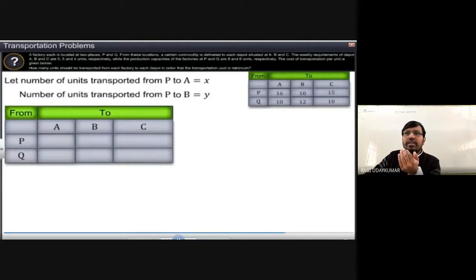So the question is given to you here. The number of units transported from P to A is X, and from P to B is Y. You are considering the number of units like that, and the number of units to C. Because here the question says 8 units completely from P at maximum.